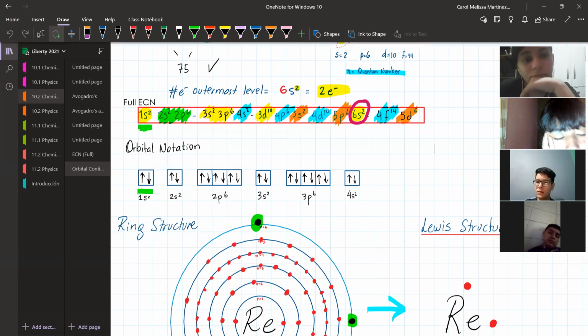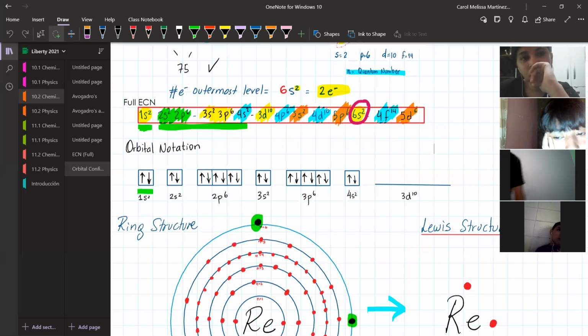So I did until here. Now I will do 3d10, but I will do it with a different method. There's another method that says that instead of boxes, you can use a line, and then over the line you put the arrows, one up, one down.